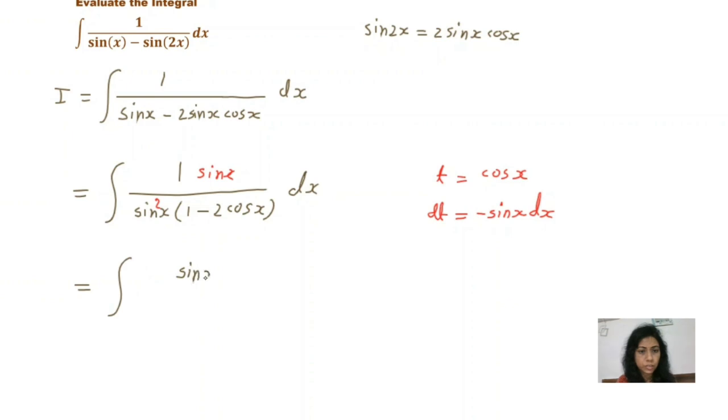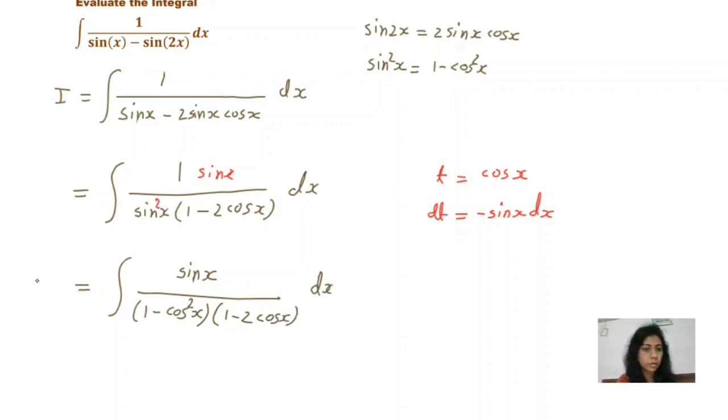And do you know sin square x is 1 minus cos square x. So we can write here 1 minus cos square x, and 1 minus 2 cos x, dx.